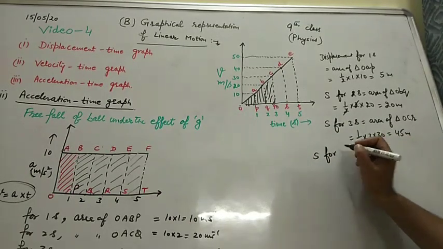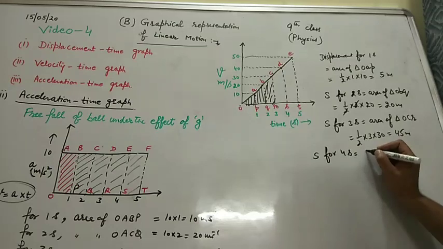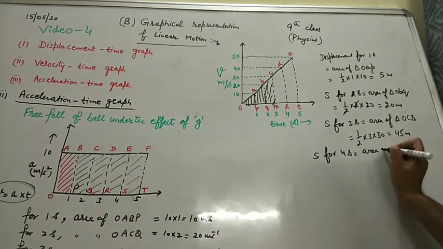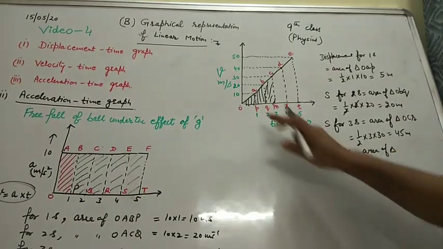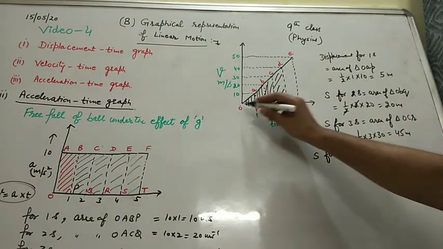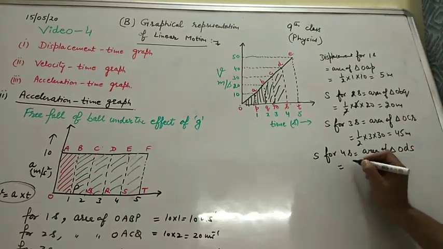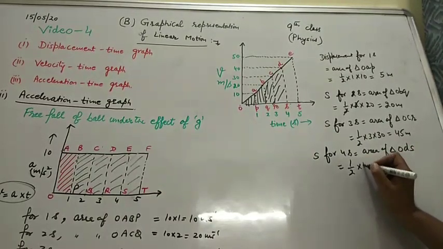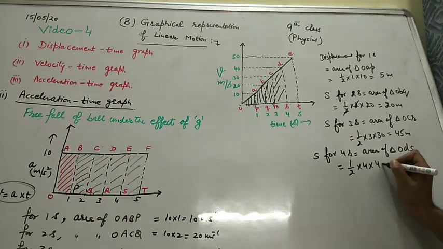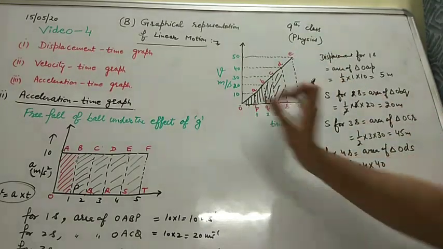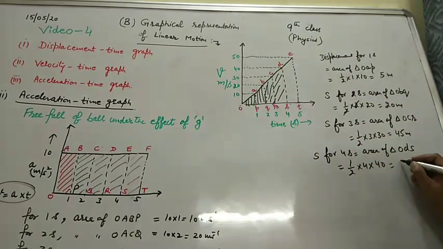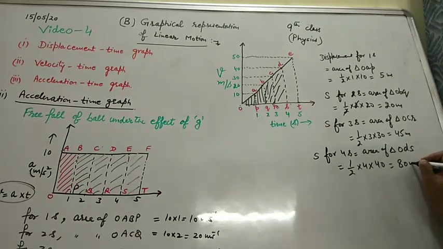Now for 4 seconds, how can we get that? Area of triangle, that is this triangle now, ODS. Half, base is 4, height is 40. This is the height, this is the base. So the answer is 80 meter.